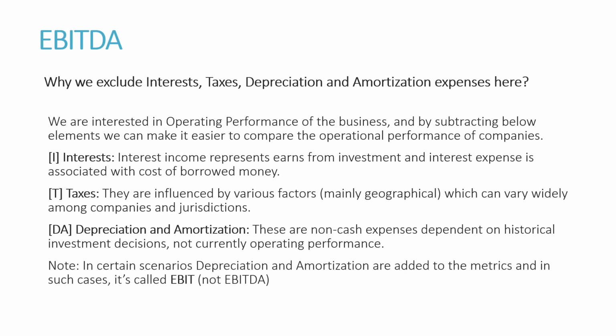And depreciation and amortization. These are non-cash expenses that depend on historical investment decisions. They don't reflect current operating performance, but rather past financial choices. It's important to note that in certain scenarios, depreciation and amortization are added back to the metrics. In such cases, it's referred to as EBIT, not EBITDA.